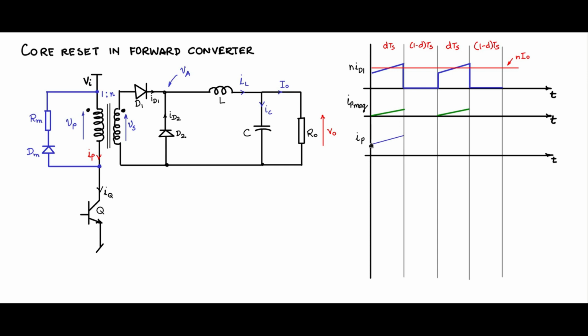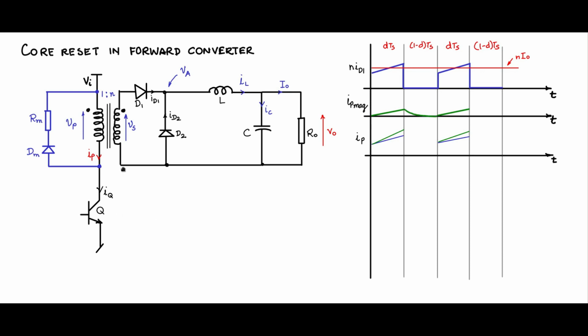You can add this part up here, it starts from this value and then gradually goes up like that. Same in this DTS period also. So this will be the IP. This green portion will be the total added up IP value during the time when Q is on.